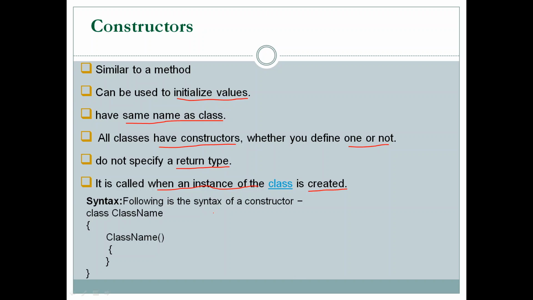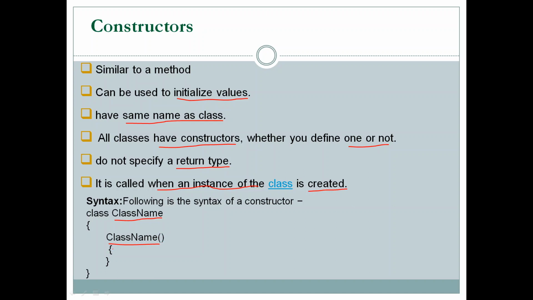The syntax of a constructor is given here. For example, if you have a class named class name, then we should declare a constructor with the same name, that is class name, and it may take any number of parameters.